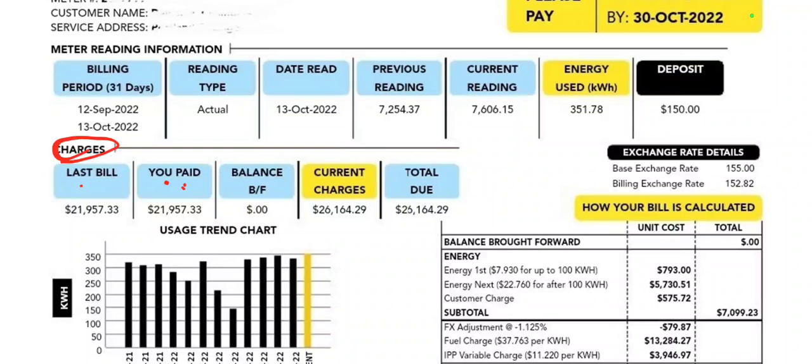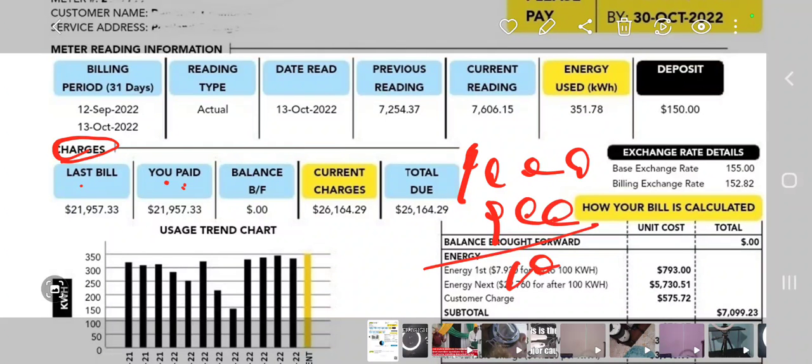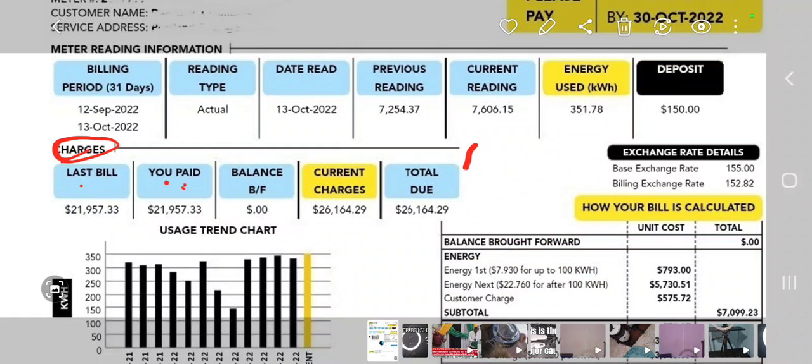Balance brought forward is what is left. So if the bill came up to $1,000 and you only paid $900, that would mean you have a balance brought forward of $100, right? And then beside that we have current charges.